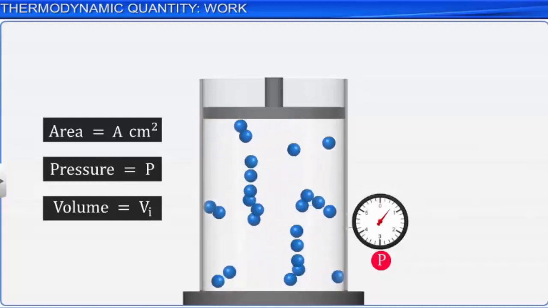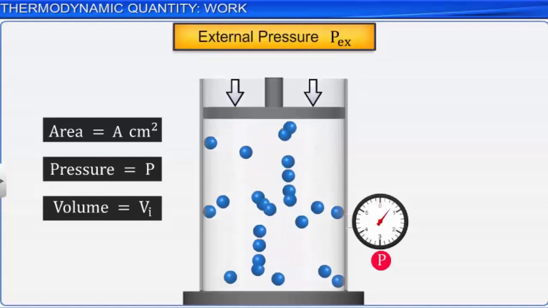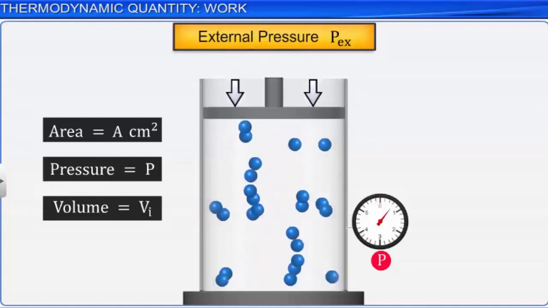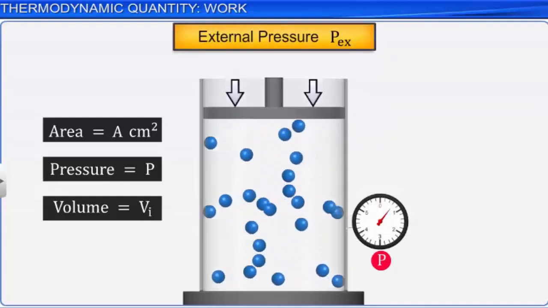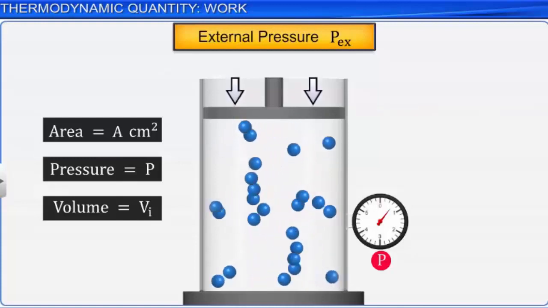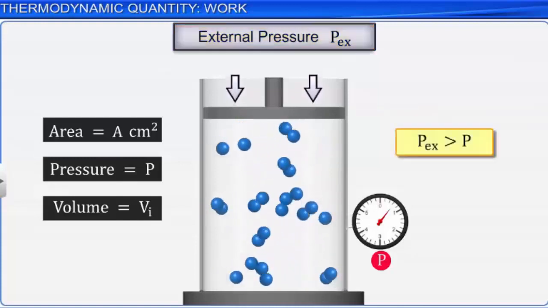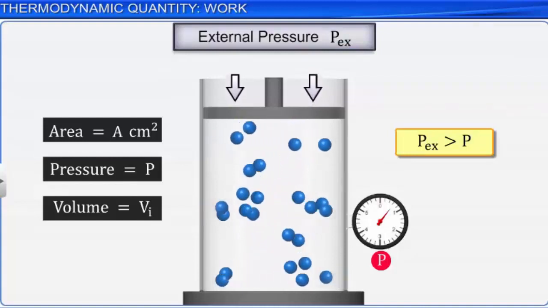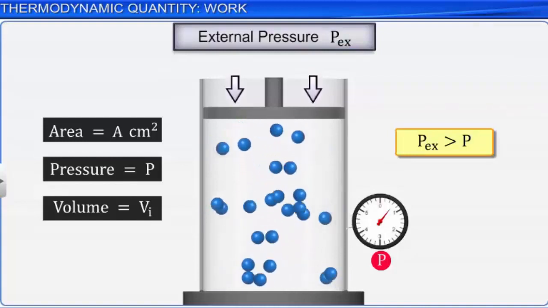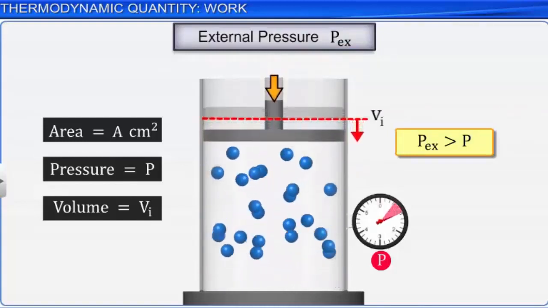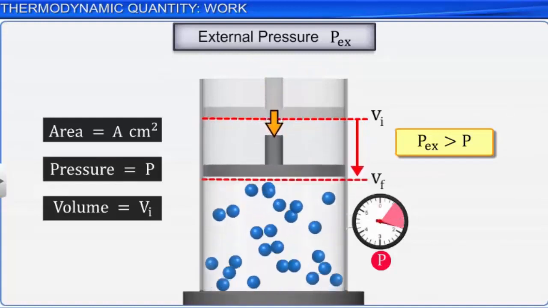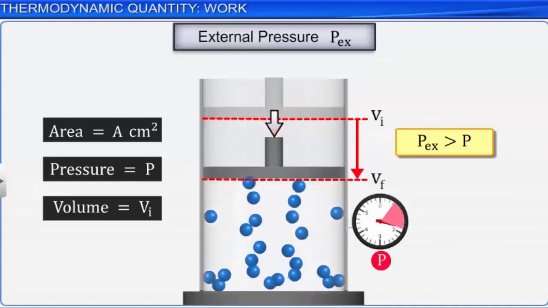Now, let's apply external pressure PEX on the piston. If the external pressure PEX is greater than the internal pressure P, then the piston moves inwards until the pressure P inside the cylinder becomes equal to the external pressure PEX.